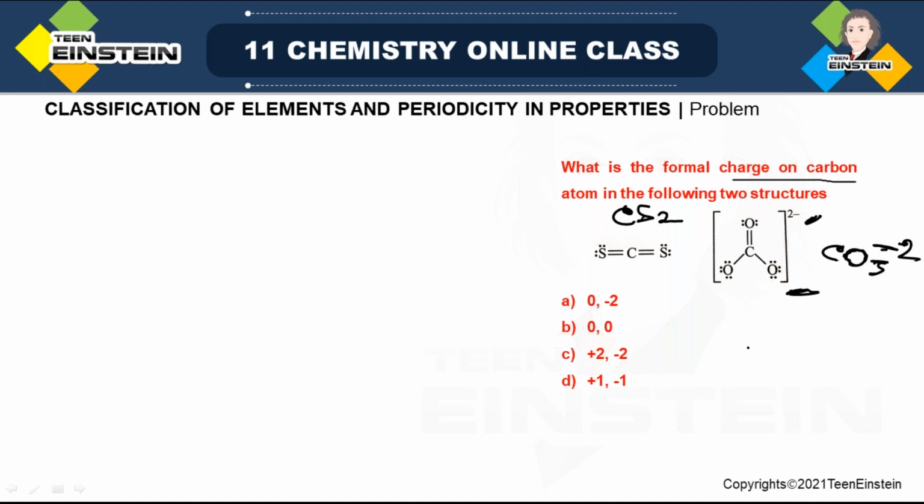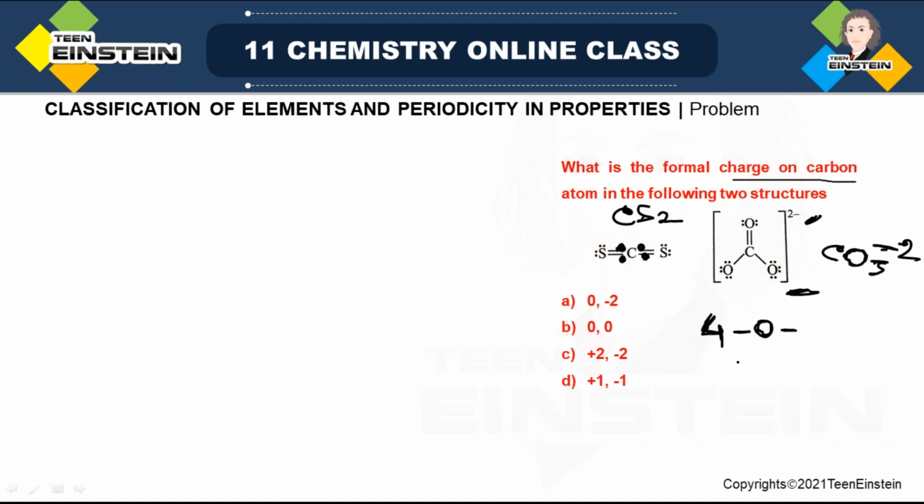Now for the first one, carbon, we will use the formula. Remember, total valence electrons for carbon is 4. Then after 4, minus non-bonding electrons. Now carbon has used all its 4 valence electrons in bond formation, total 4 bonds. All the electrons are used up. There are no non-bonding electrons over carbon, so this is 0. Then B by 2, where B is the total number of bonding electrons.